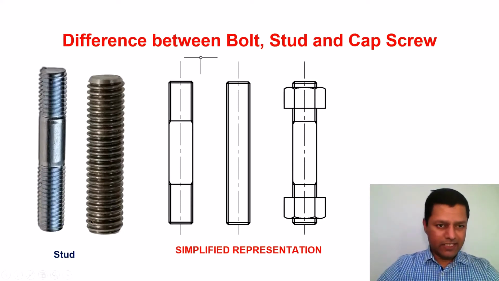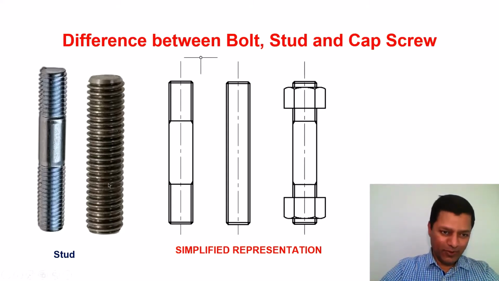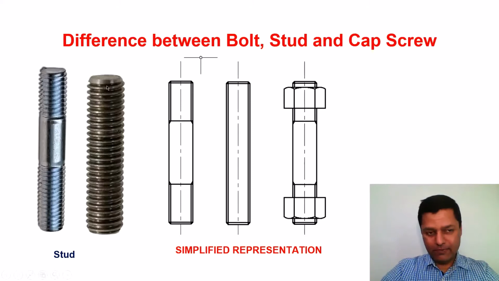And see, this is the stud. Stud is headless. The stud can be completely threaded, or it can be threaded only at the two ends, and the middle portion can be round, or sometimes forced to square, so that you can use a spanner there.